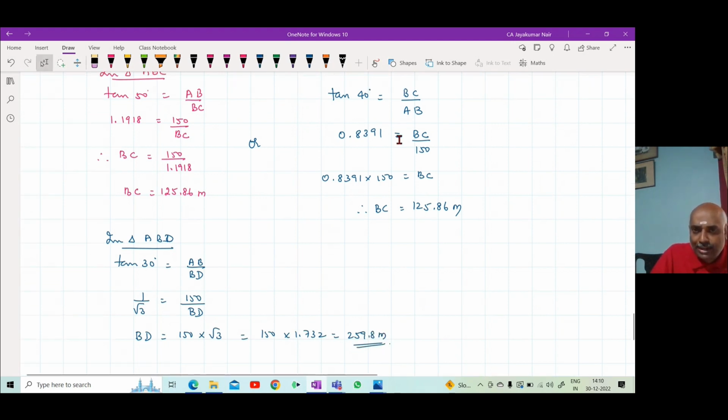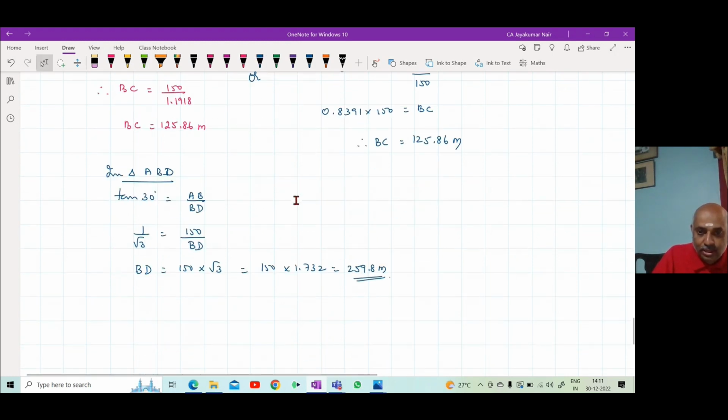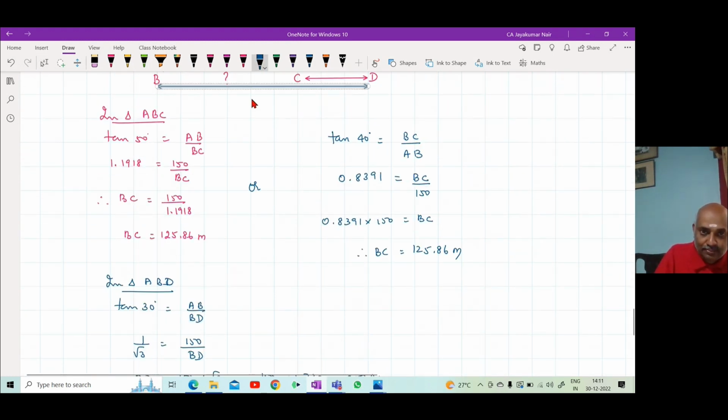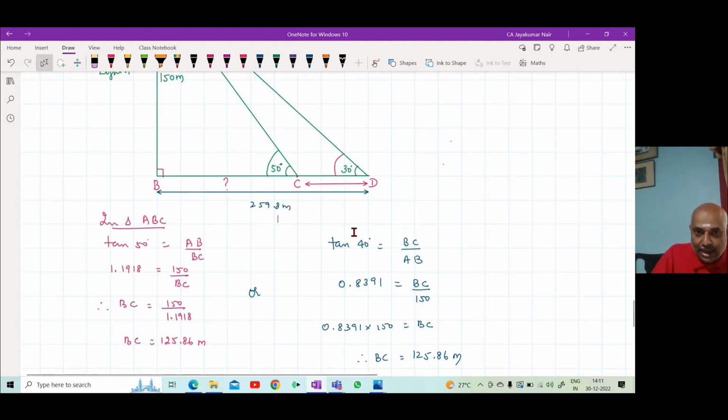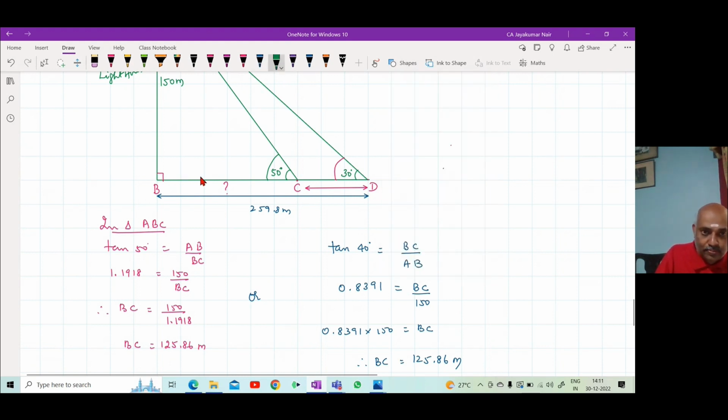So I know the distance from here till here is 259.8 meters, and I know this distance is 125.86 meters.